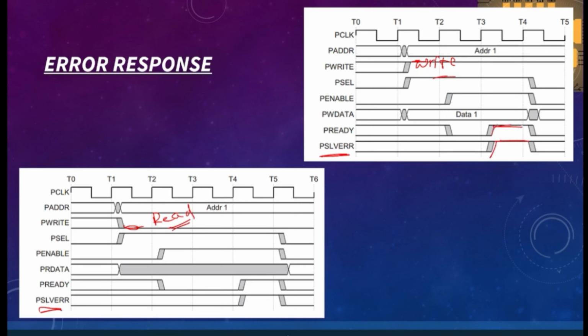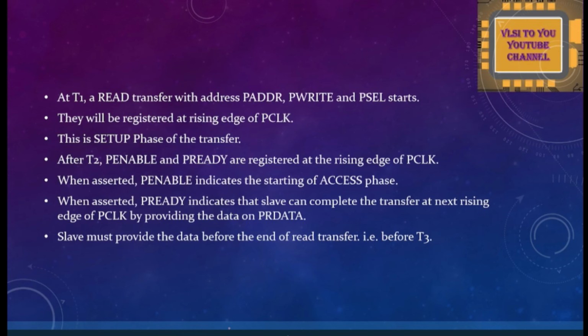After PREADY is 1, the transfer takes place. So after the transfer is taking place, the slave error is activating. That means there is some loss of data, in both the signals here. Generally you won't include PSLVERR. In the previous examples also, you didn't include any PSLVERR.